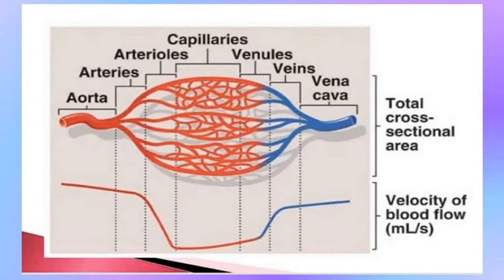Then again the velocity of blood increases as capillaries fuse to form venules, and then in the veins, and then in the vena cava.